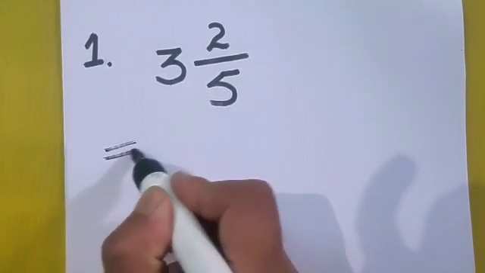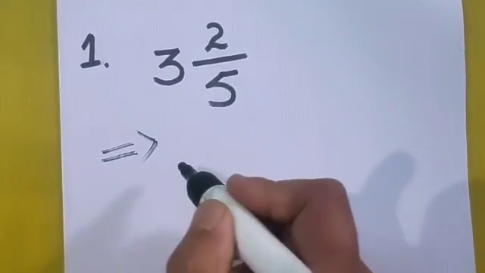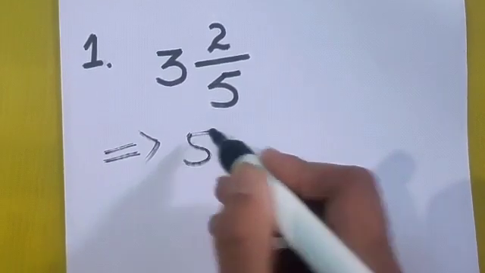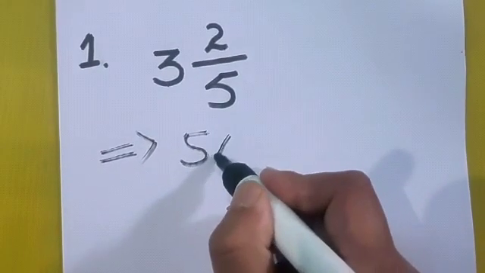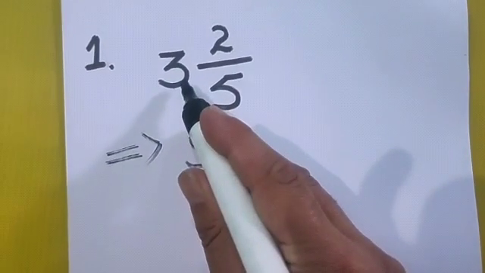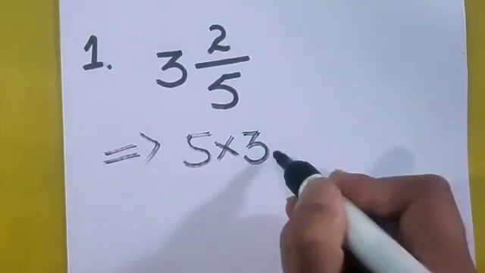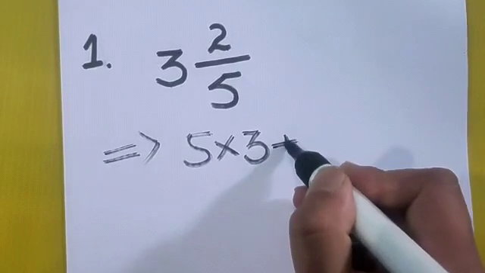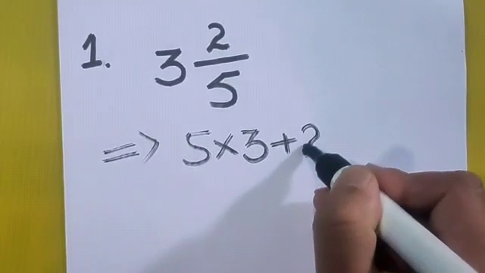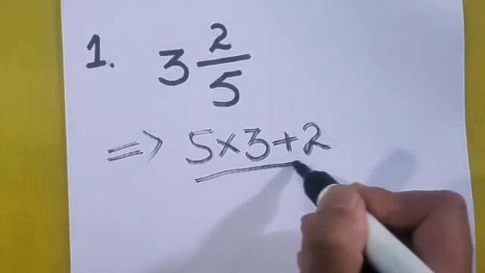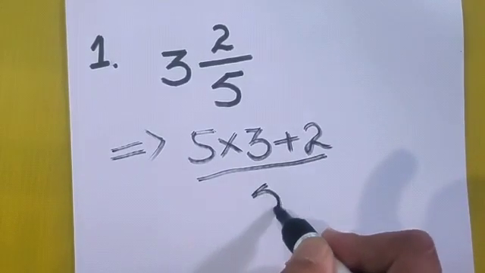Here the divisor is 5, so we will multiply 5 with quotient 3 and add the remainder, that is 2, and the denominator will be the same, that is 5.